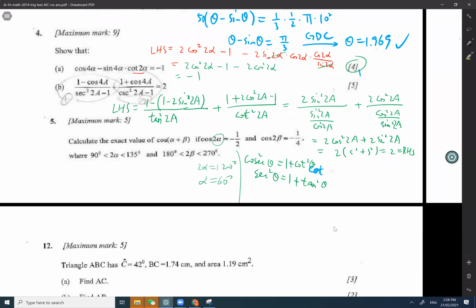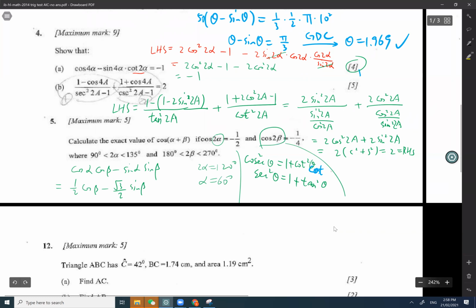So cos alpha cos beta minus sine alpha sine beta. We got part of it, just half cos beta minus root 3 over 2 sine beta. Okay, we need beta now. Cos 2 beta equals negative a quarter, which means 2 cos square minus 1 equals negative a quarter.